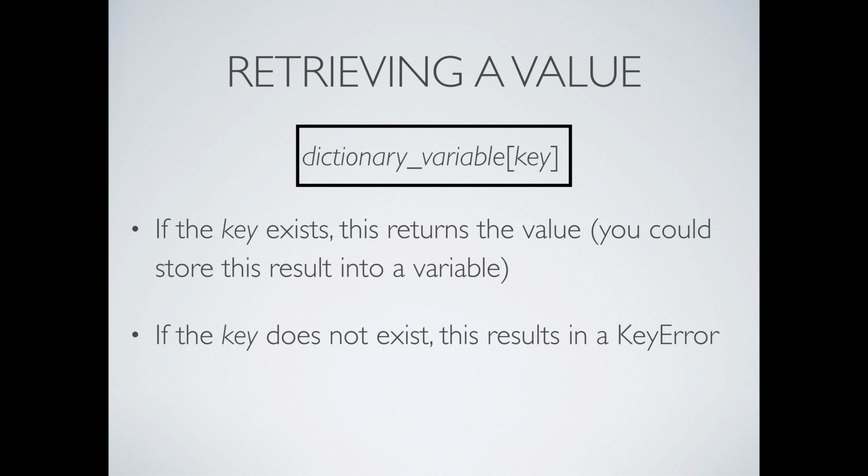For example, you could put this into a variable. Something to keep in mind though: if the key does not exist, this will error. If you try to look up a key-value pair in the dictionary using a key that does not exist, you will get an error message.